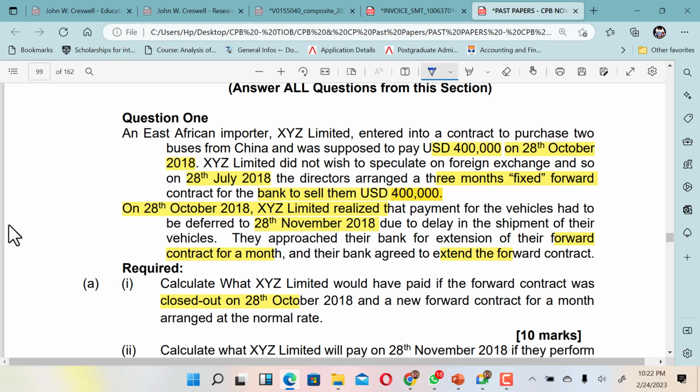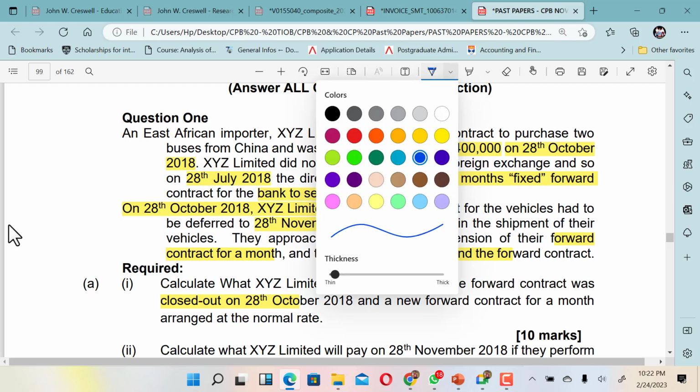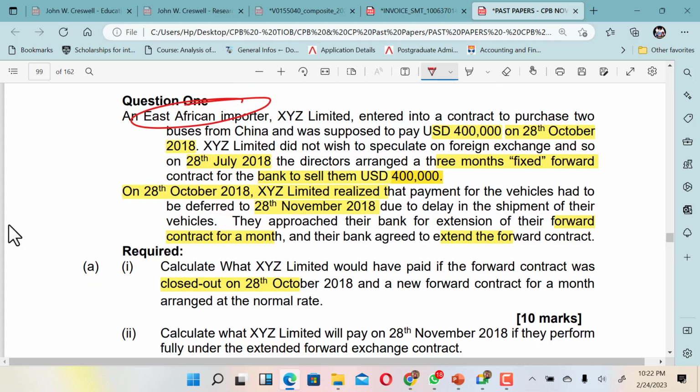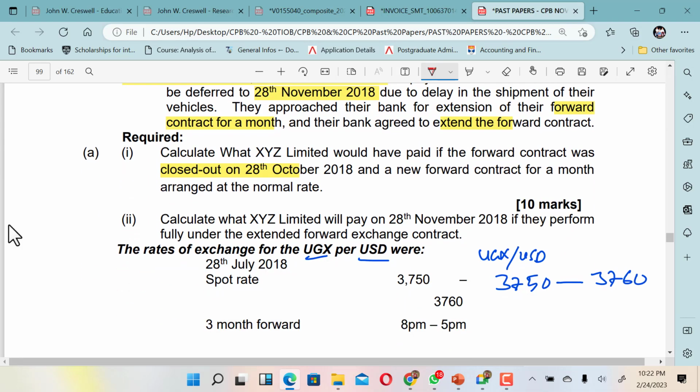And from the question, it is clearly stated that XYZ is an East African importer. Now, we know that UGX simply means Ugandan shillings, whereas USD is the United States dollar.